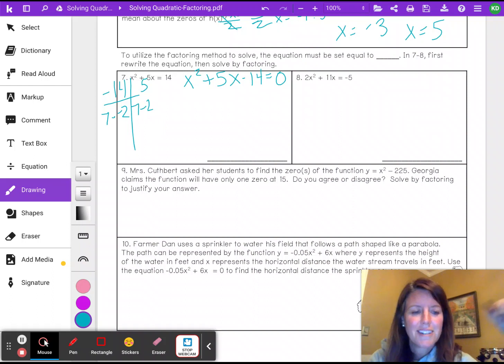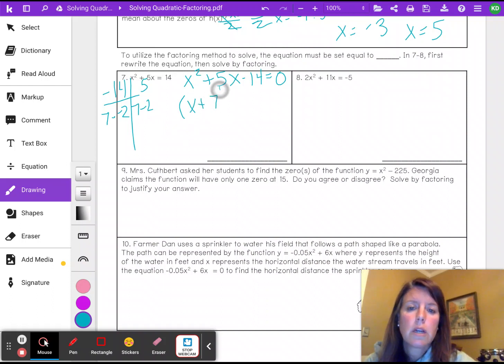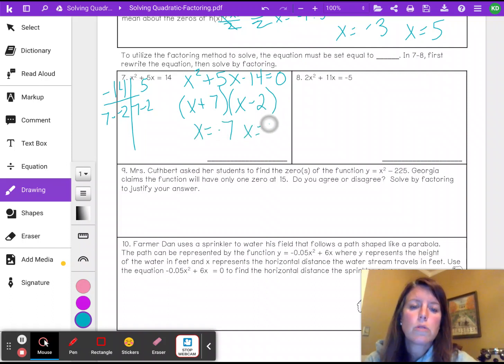Sorry, I didn't finish that sentence earlier. Okay, so now I'm just going to factor with x plus 7 and then x minus 2. So x equals negative 7 and x equals 2.